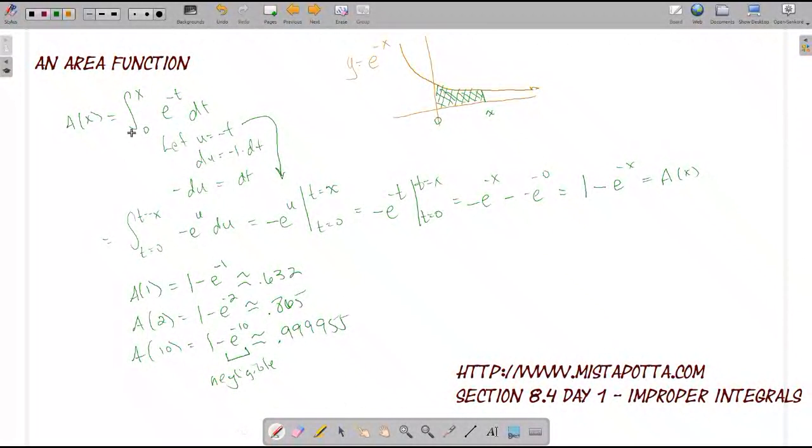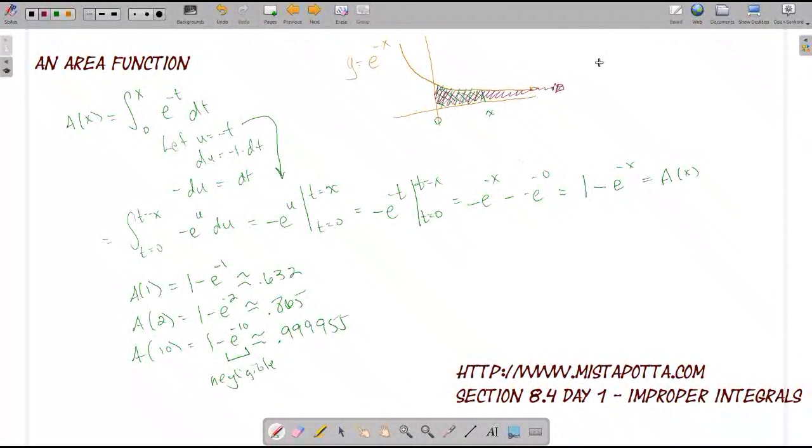And in reality, it raises the question, could I feasibly talk about the area under this curve starting at 0 and going off to infinity?